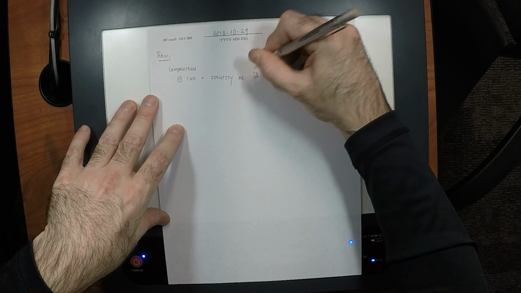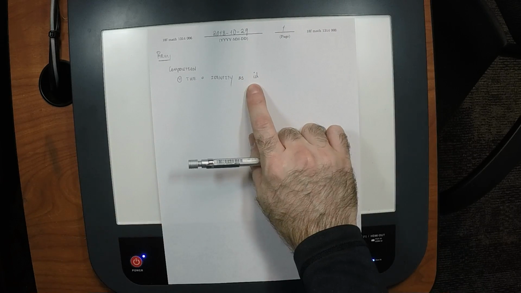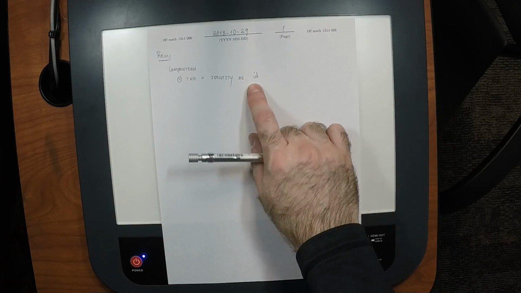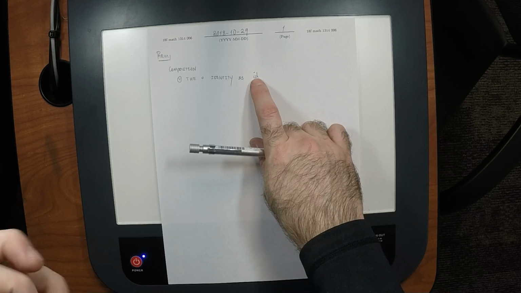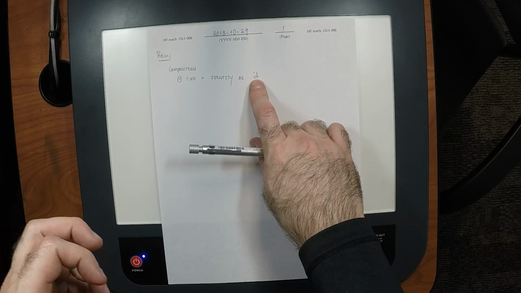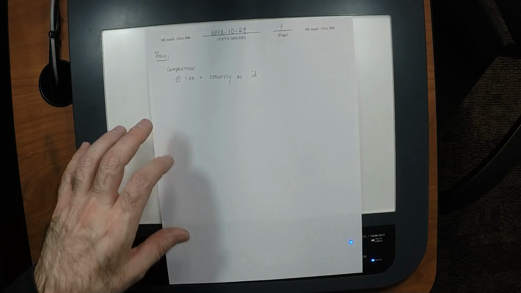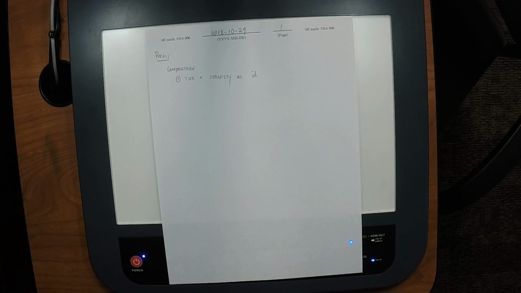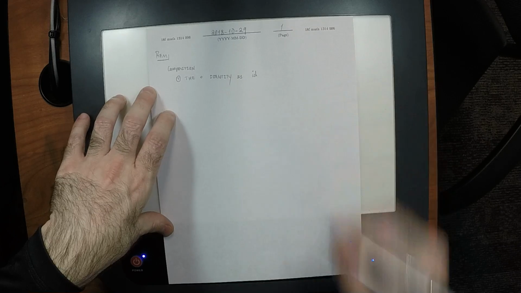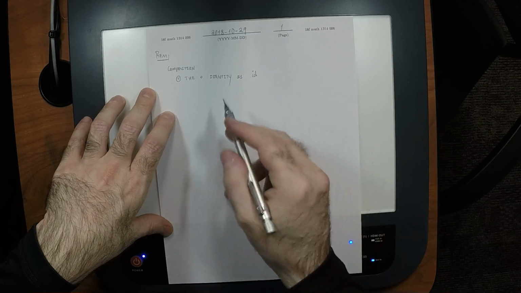ID. And what kind of thing is ID? Is it like a number or what? What kind of thing is it? Is it like a giraffe? No, it's a function, right? It's a function. It's not a number.